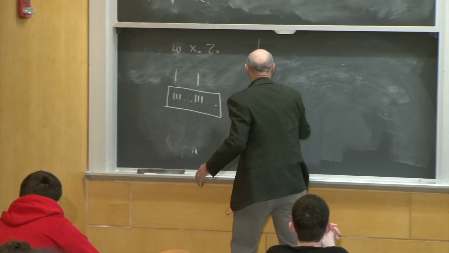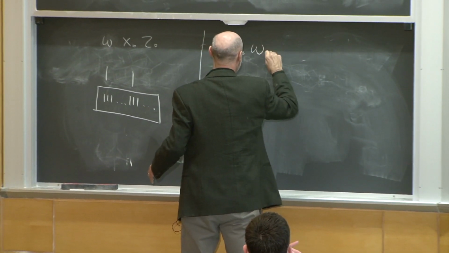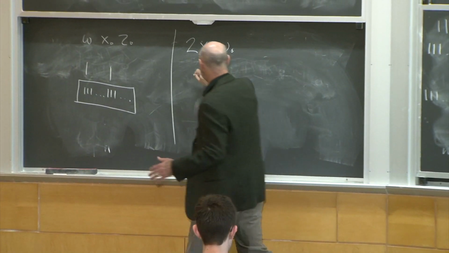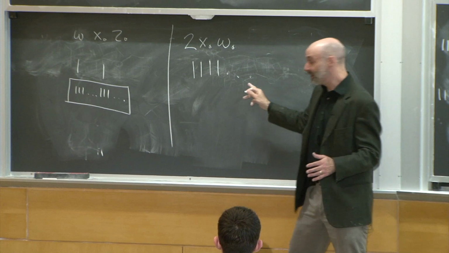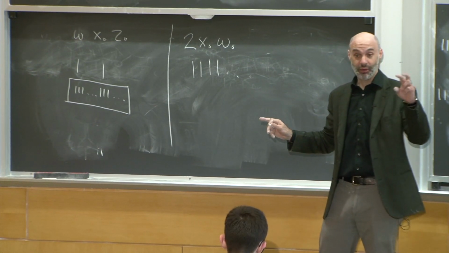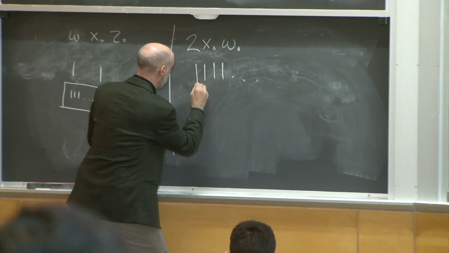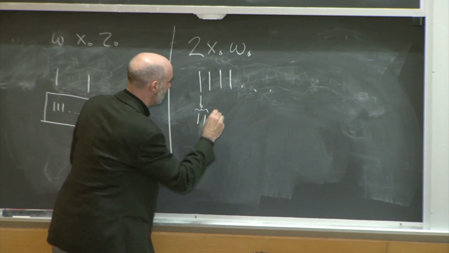Let's see what happens if instead of doing omega times 2, you try to do 2 times omega. The recipe says start with an omega sequence, and for each position of the omega sequence, write down a 2 sequence. So for this guy, we write these 2.